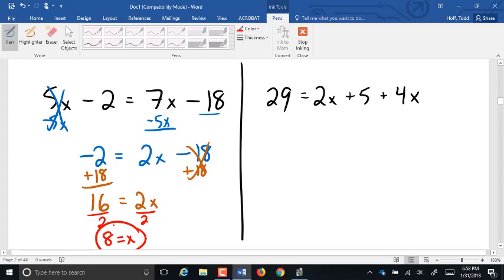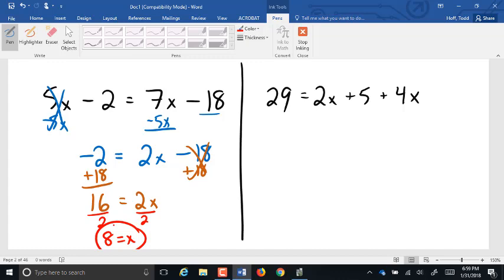Any questions on that one? Could you have subtracted the 7x? You could add the 18. It's just that as long as you're adding, subtracting, multiplying, or dividing the same thing to both sides, it works.